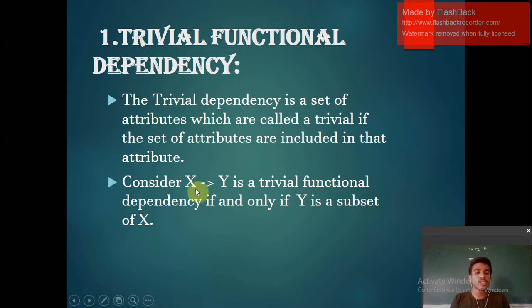For example, if A determines B and B is a subset of A, it means A has the functions of itself as well as B, but B has only the functions of B, it cannot have the functions of A. In the same case, X determines Y is a trivial functional dependency if and only if Y is a subset of X. So when Y is a subset of X, then that dependency is called a trivial functional dependency.